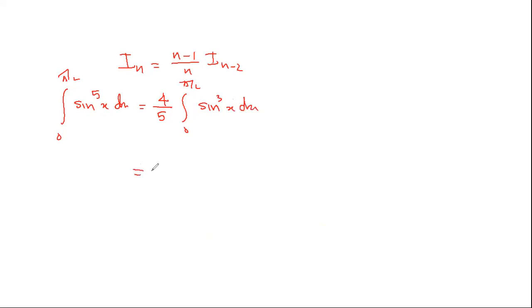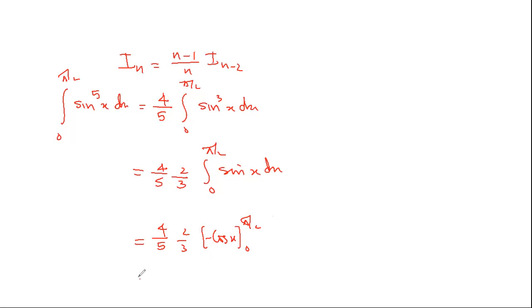Next step will be 5, 4, 3, 2, integral 0 to pi by 2 sine x dx. Now it will be 5, 4, 3, 2. Then sin x integral is minus cos x, 0 to pi by 2. So 5, 4, 3, 2, and this becomes 1. Cos pi by 2 is 0, cos 0 is 1, minus of minus plus 1.